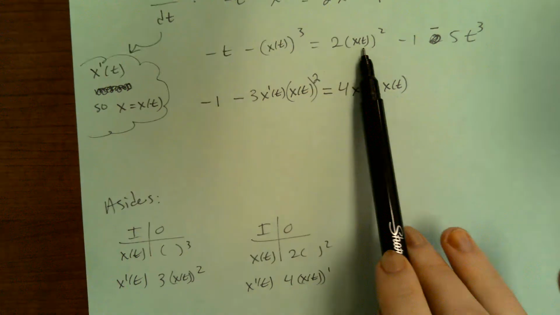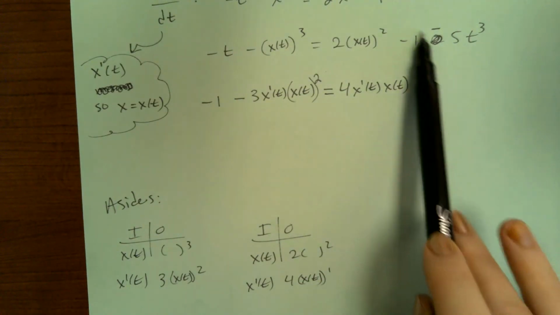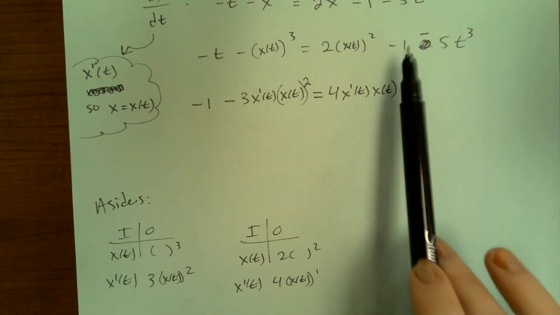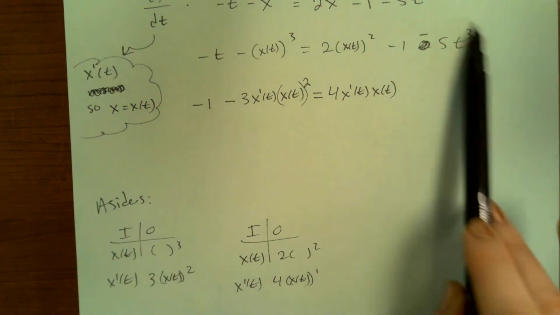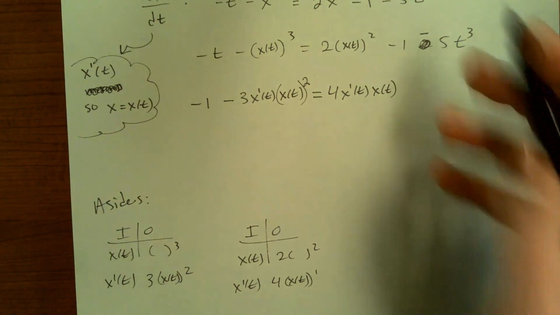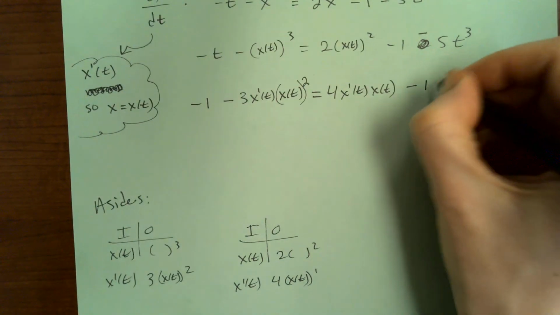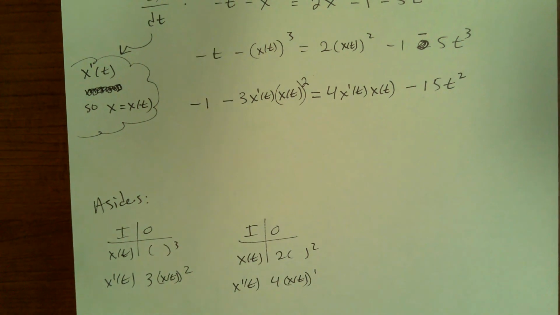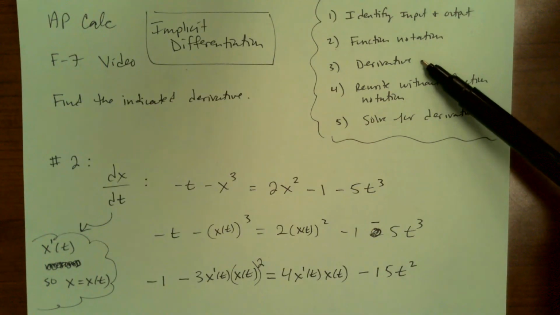Okay, now the derivative of this term. This is a constant term. Derivatives of constants are 0. Okay, so that derivative is 0. And then this, t is the input variable, so it's just like a regular derivative. So this is minus 15t squared. Okay. So we did step 3, the derivative.